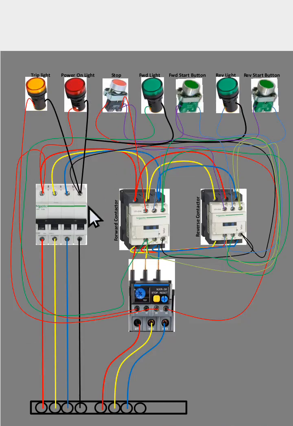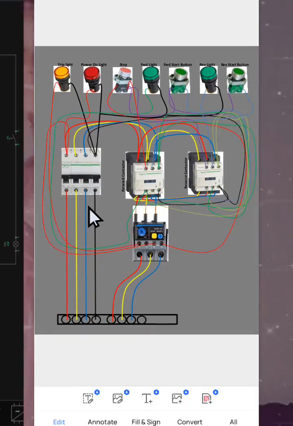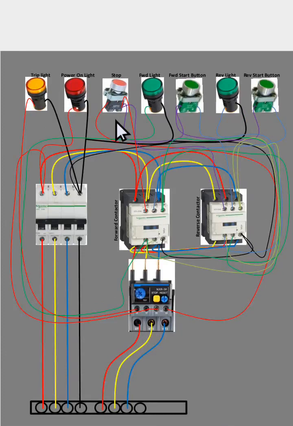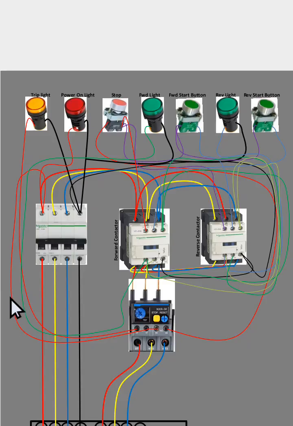In our schematic diagram, we see that the control section takes its live from the first phase. Let's look at how it's been arranged. See the first phase, and see this wire, see this one, so that is the power to our control section.